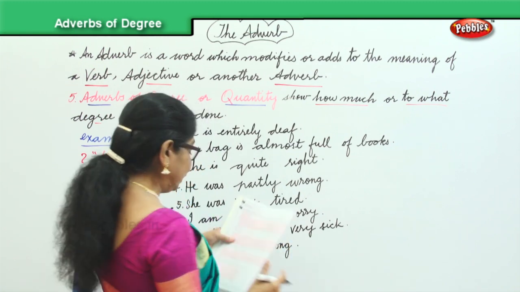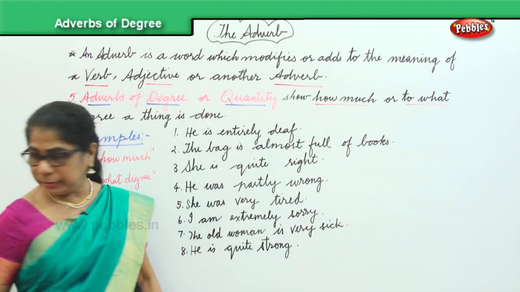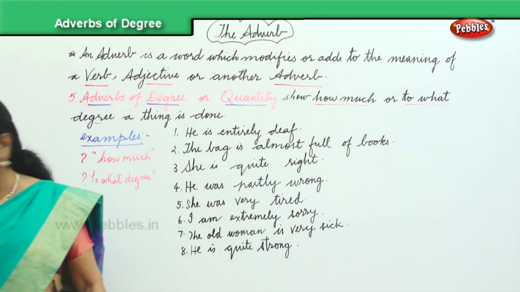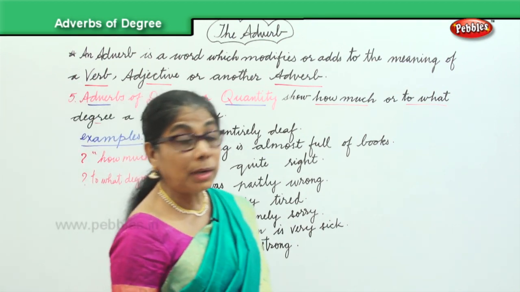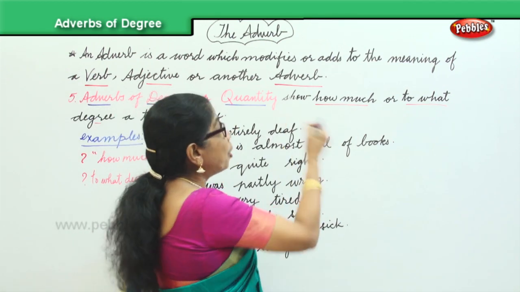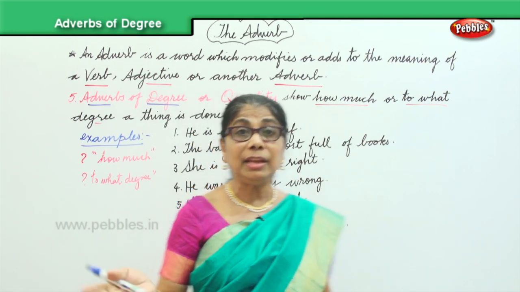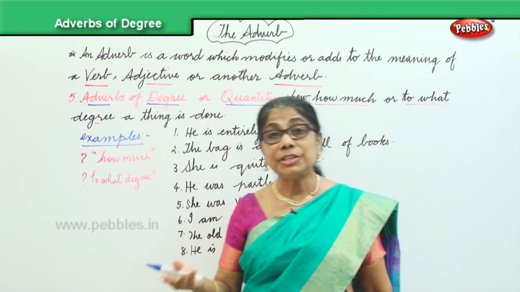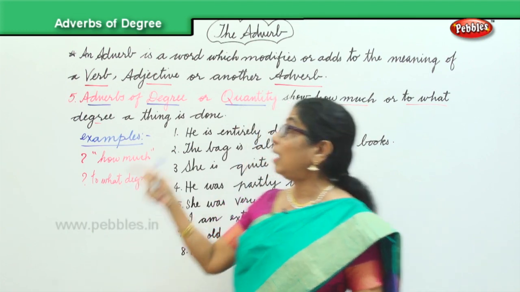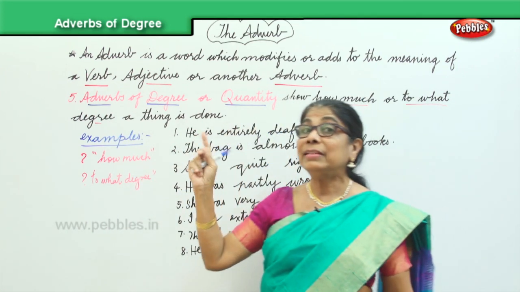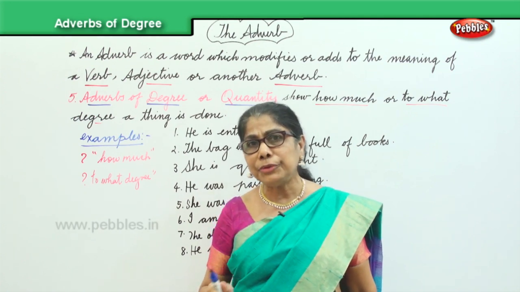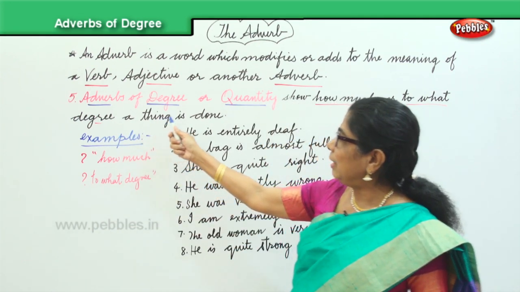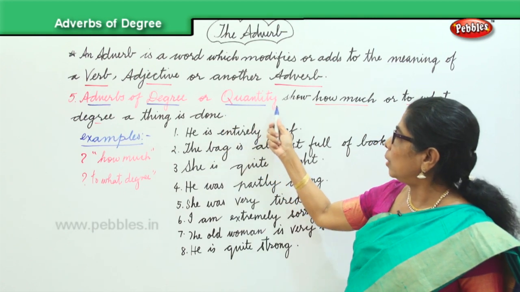All right, let's look at all these words we have here. What's an adverb? An adverb is a word which modifies or adds meaning to a verb, an adjective, or another adverb. And we have 6 different kinds of adverbs. 4 are done for you, and the 5th one is adverbs of degree or quantity.